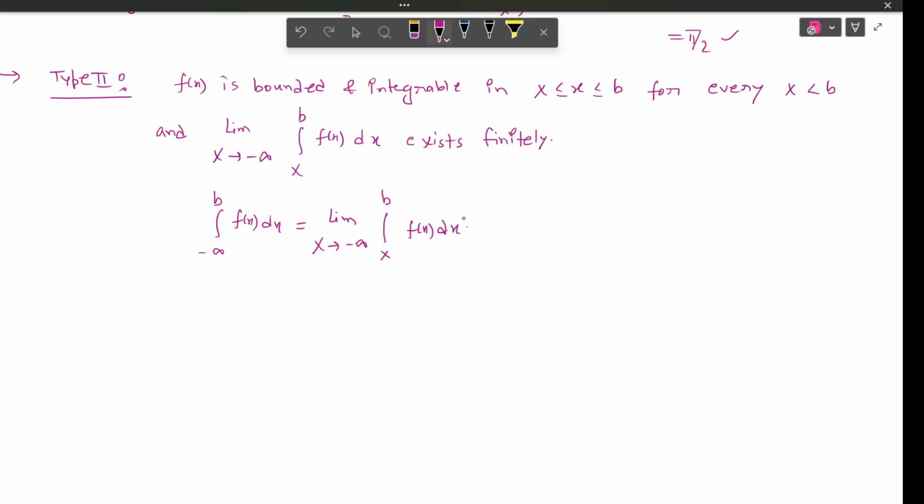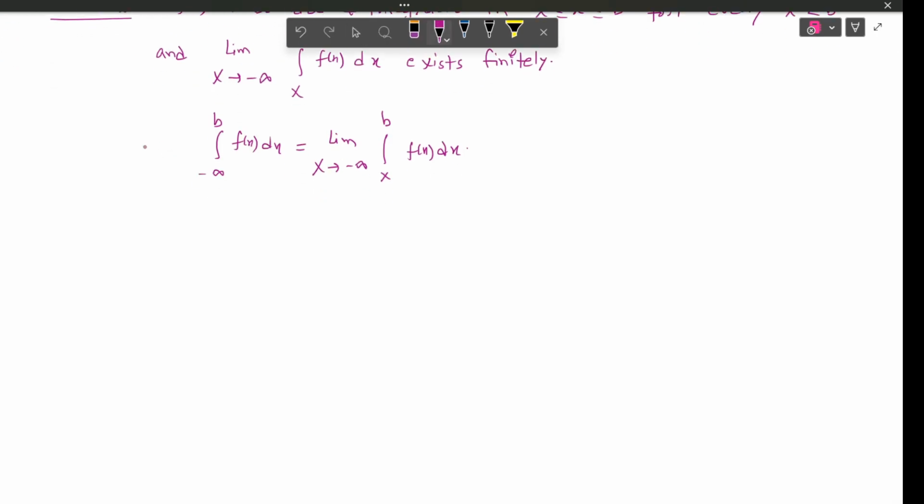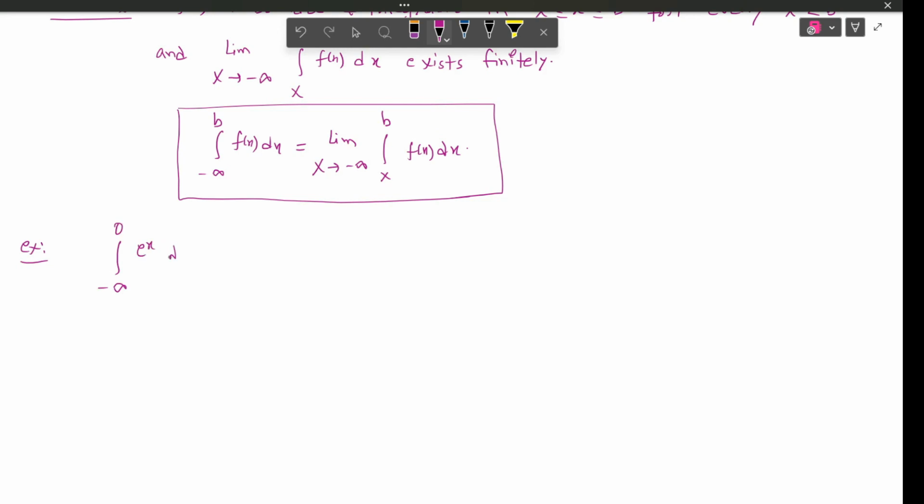Okay. Now let's see one example to clear this. Let us say we have to evaluate this integration from minus infinity to 0 of e to the power x dx. So clearly we can see that it is an improper integral where the lower limit is infinite.